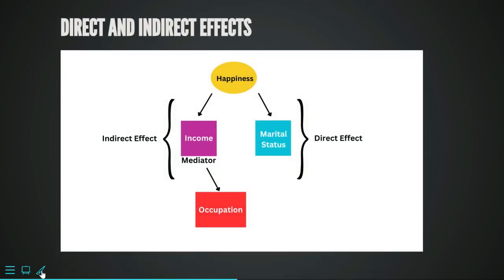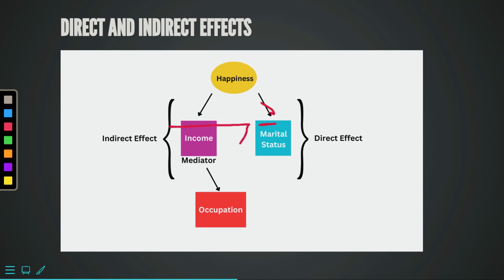So look at this example now. You can see that happiness is directly influencing marital status. This is an example of a direct effect. But happiness is influencing occupation with a mediator, income, coming in between.